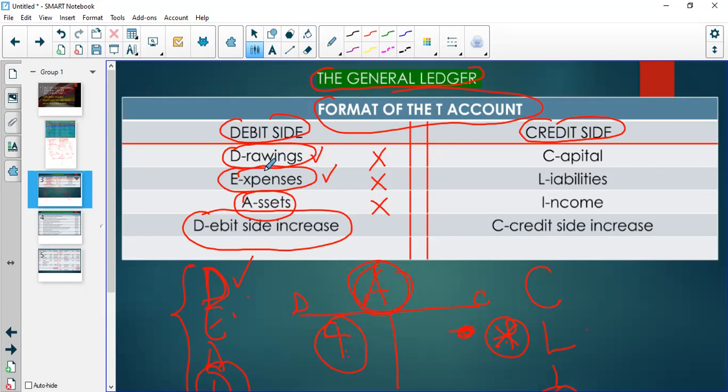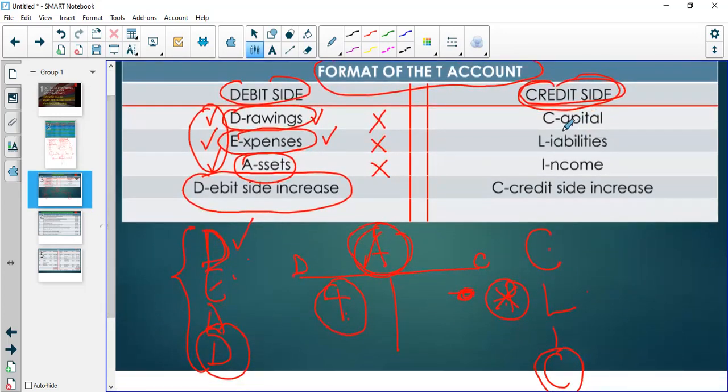So the items that increase on the debit side are your drawings, your expenses, and your assets. And they increase on the debit side and they decrease on the credit side. Okay, and if we come to the credit side, the items that increase on the credit side are capital, the contribution by the owner, liabilities, the borrowings that we have, and income.